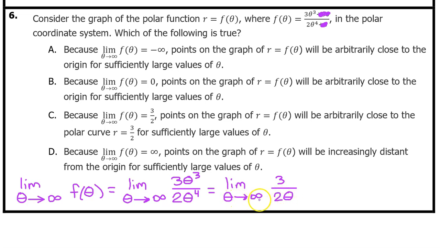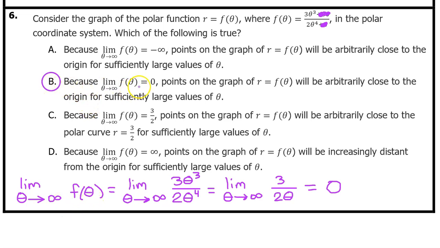As theta approaches infinity, the denominator gets bigger and bigger, while the numerator stays the same. Therefore, the overall value of this fraction gets smaller and smaller, closer and closer to 0. So that is the limit as theta approaches infinity of f of theta.